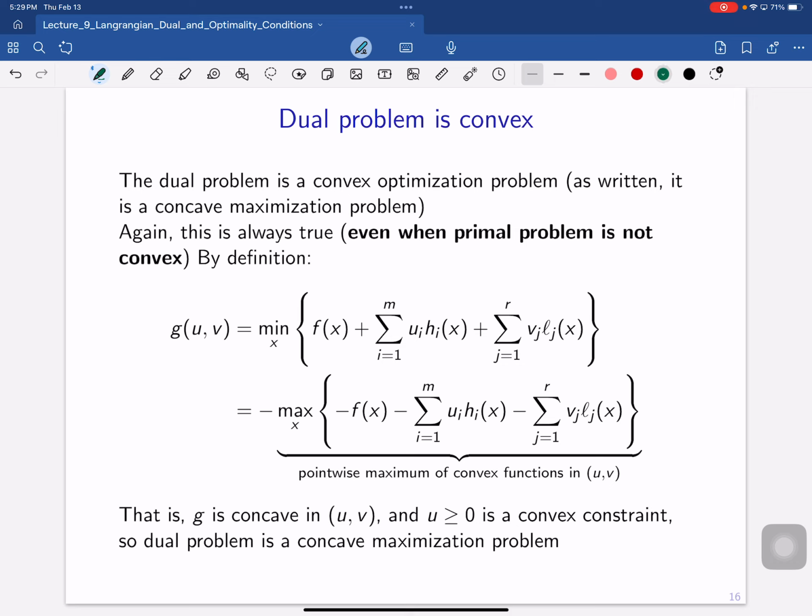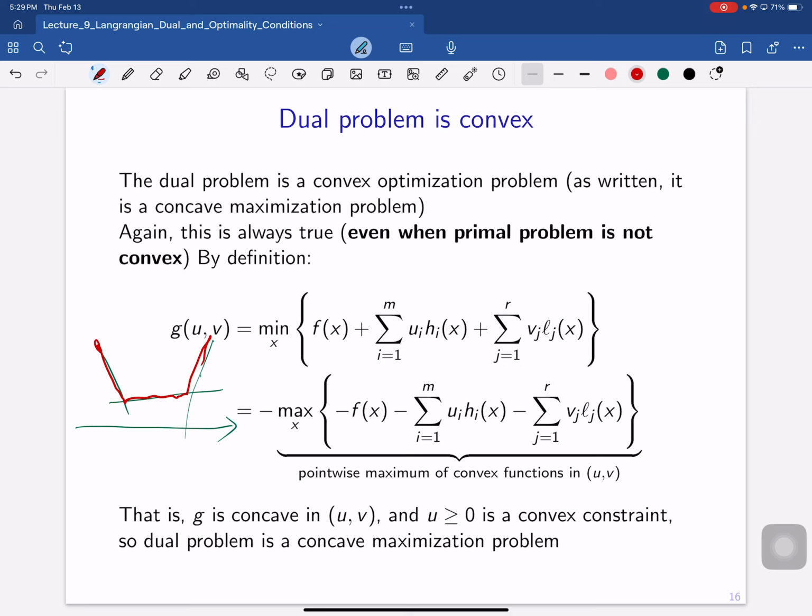So what is the maximum over a bunch of linear functions? If you have, let's say, 3 linear functions, the maximum over 3 linear functions is this curve here. Remember, the maximum over convex functions is convex. So that's what we covered in lecture 2.